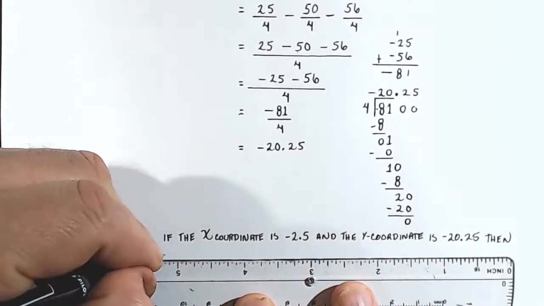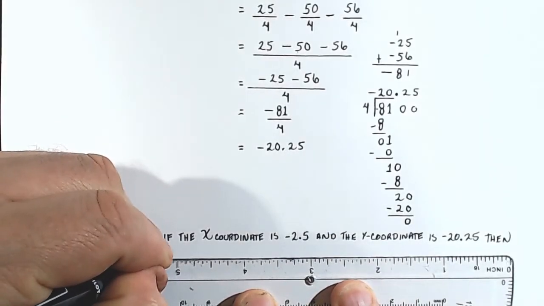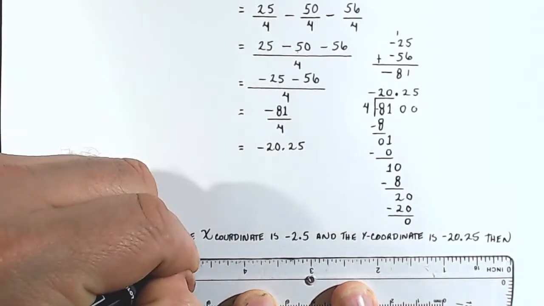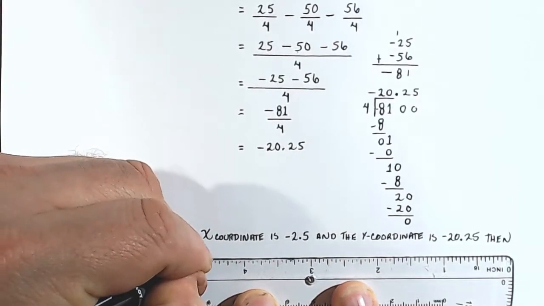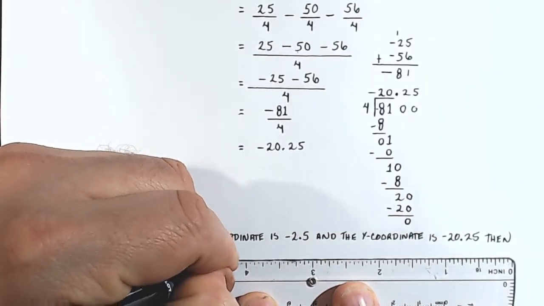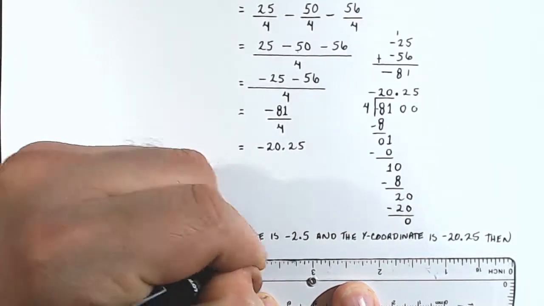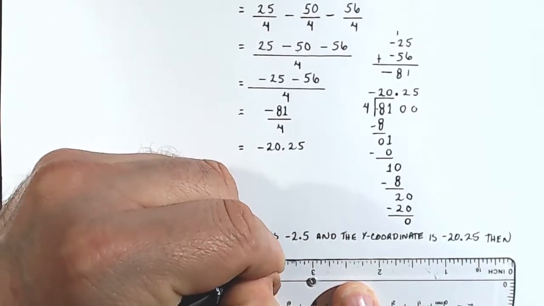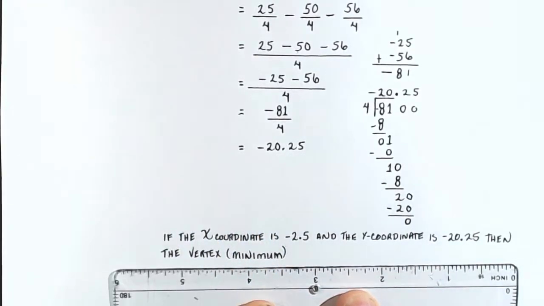then the vertex, and remember in this case the vertex would be a minimum, so we'll put parentheses minimum. It's an upward sloping hoop, the bottom of it would be the vertex, so that'd be the minimum.